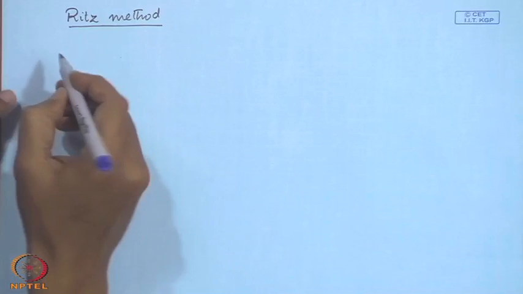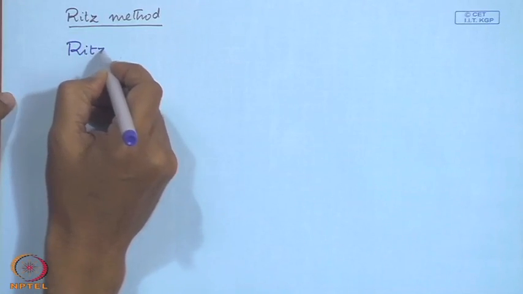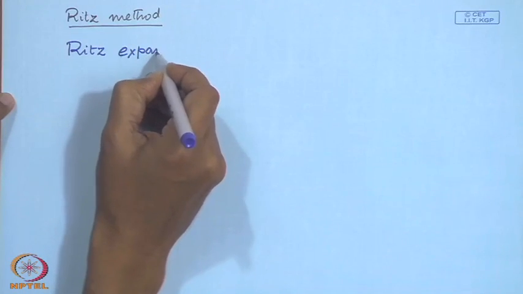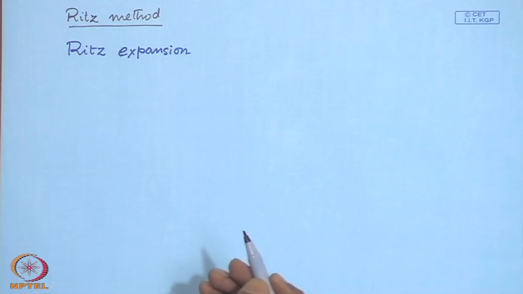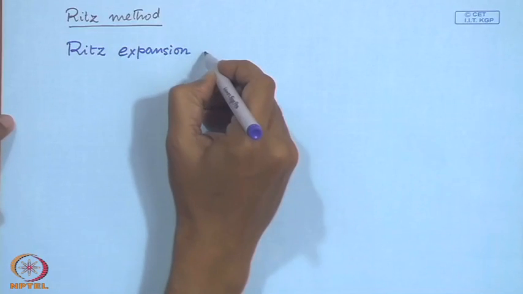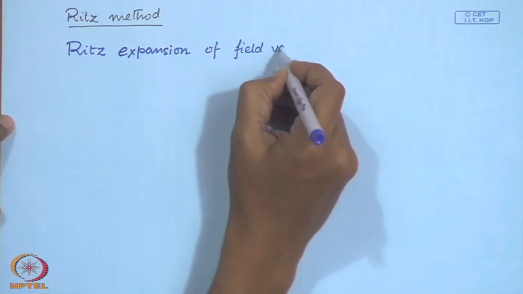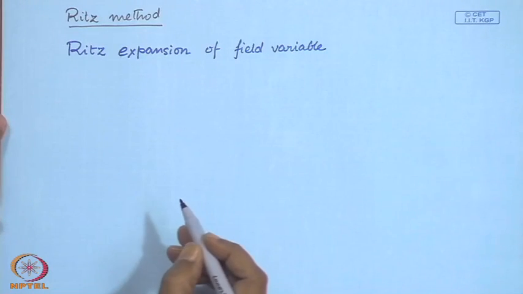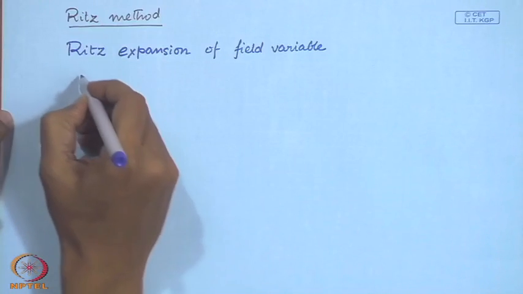Now, in the Ritz method, we use the idea of Ritz expansion of the field variable and substitute this expansion directly in the variational formulation.